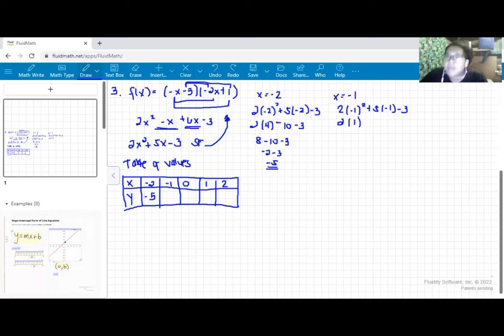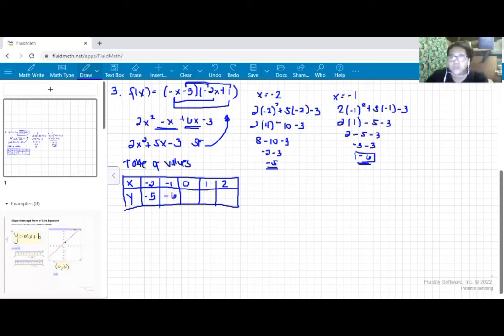So positive times negative, negative again. So 5 times 1 is 5 minus 3. So simplify, we have 2 minus 5 minus 3. 2 minus 5, the answer is negative 3. Minus 3, the answer is negative 6. So this is our second value. So we have here negative 6.